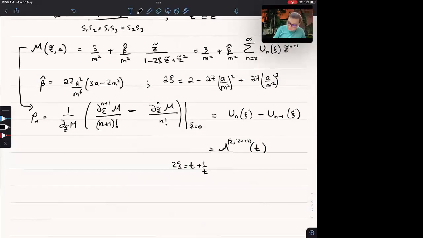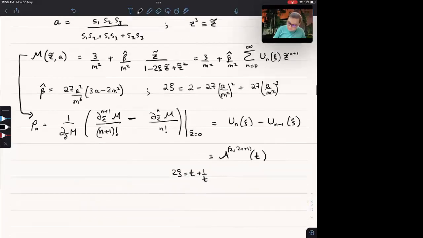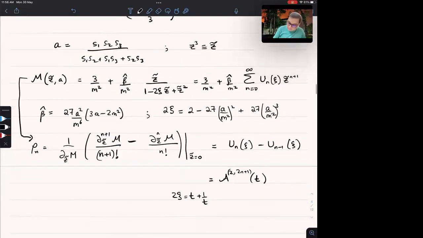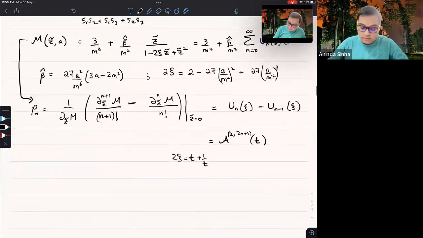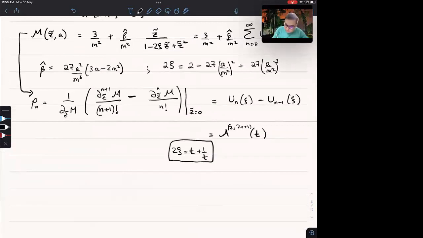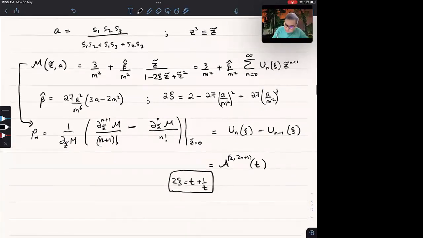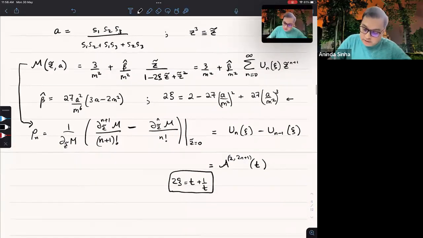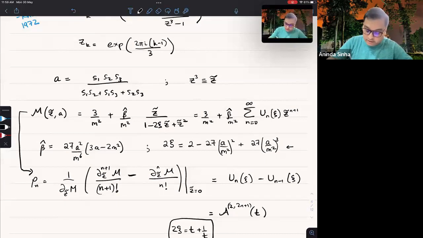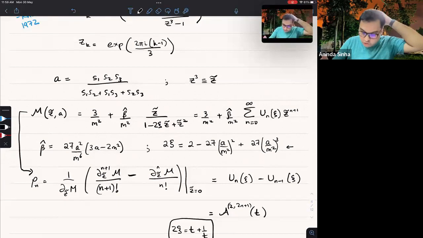Is there something natural about the way you have chosen the variable xi? I mean, if we didn't want to make a connection to knot polynomials, would it still be natural to choose xi this way? Oh, you mean this choice? No, the xi and the a over m square ratio. Oh, this one. No, this just appears naturally, from the change of variables. If you rewrite it, you will see that this is the combination that appears. I have not chosen psi.